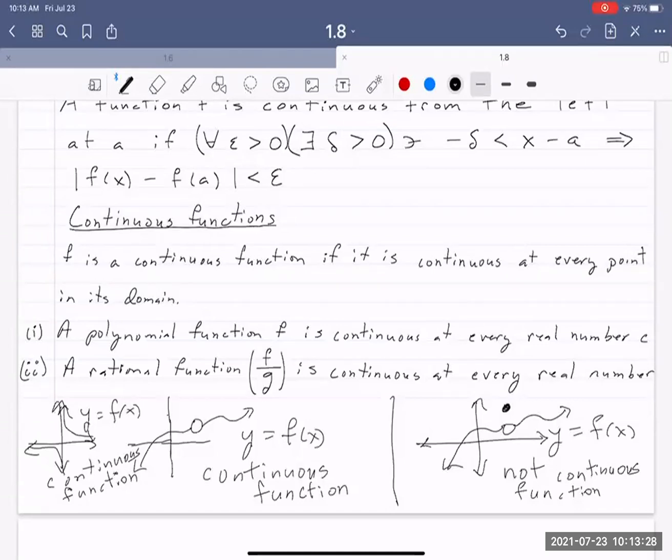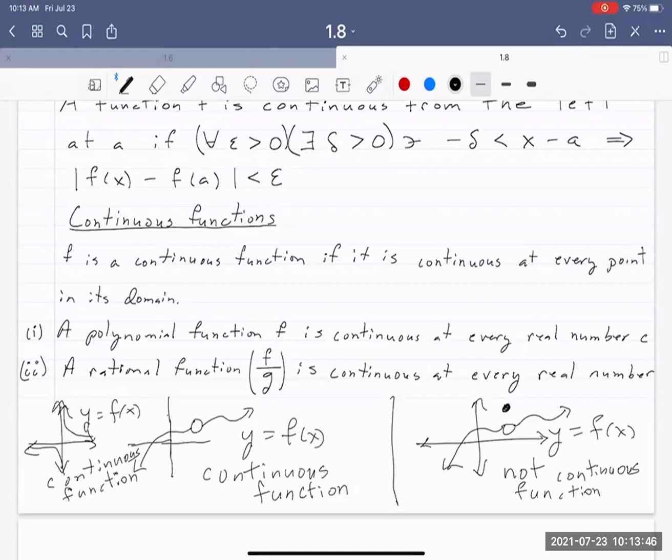A function is continuous if it is continuous everywhere in its domain. So the fact that you have these discontinuities at points that are not in its domain, I don't care.